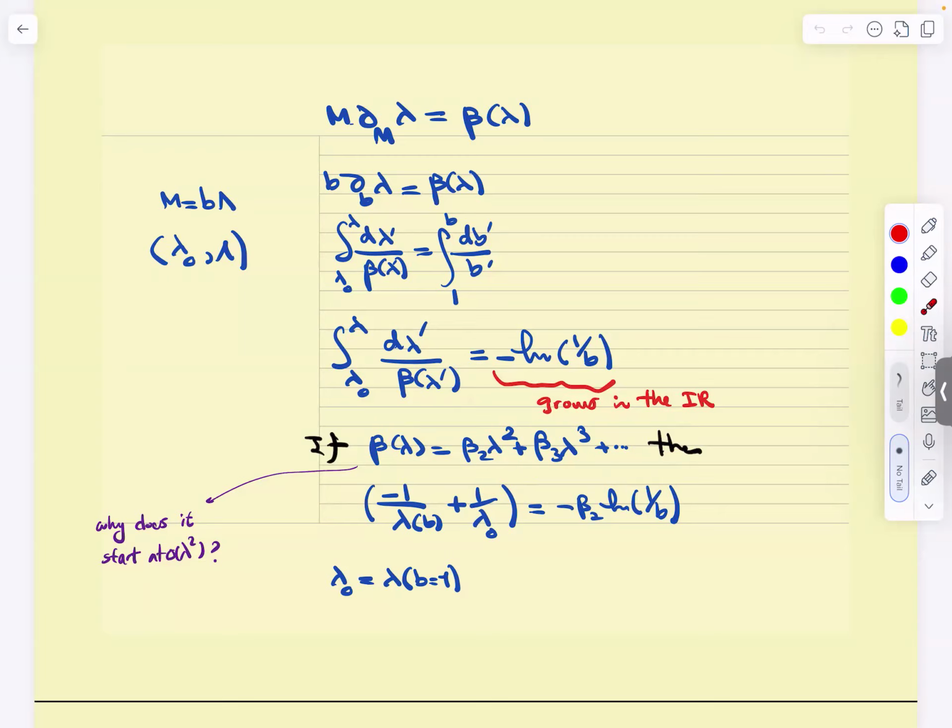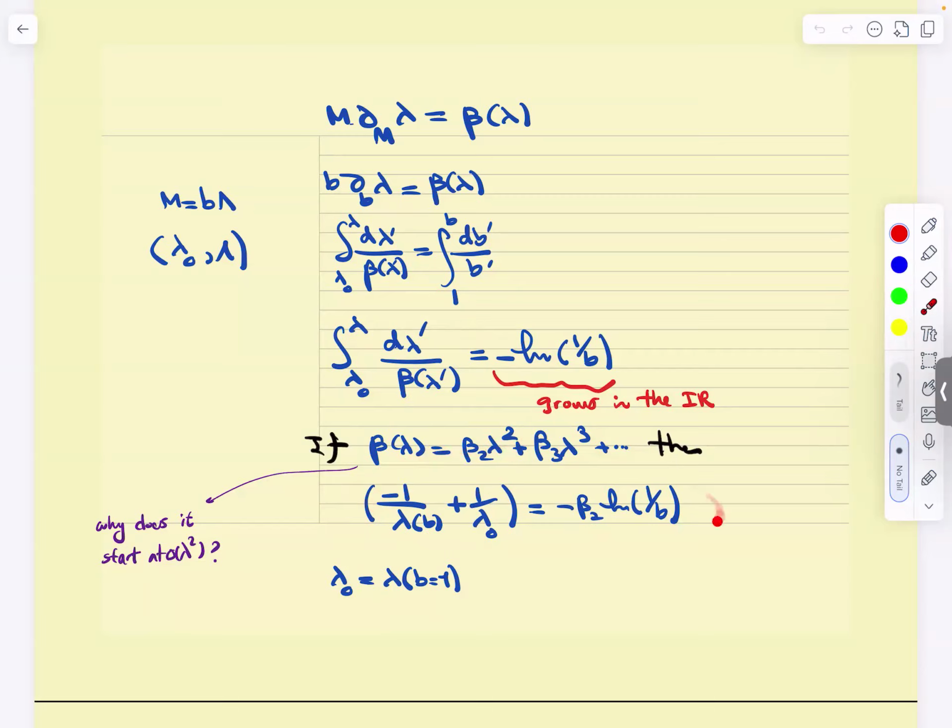Okay, very good. So just plug this inside this equation, and if you integrate, just picking the λ² term, you could do this integral explicitly: minus 1 over λ at scale b plus 1 over λ, where λ is the UV value of the coupling, is minus bβ₂ ln of 1 over b.